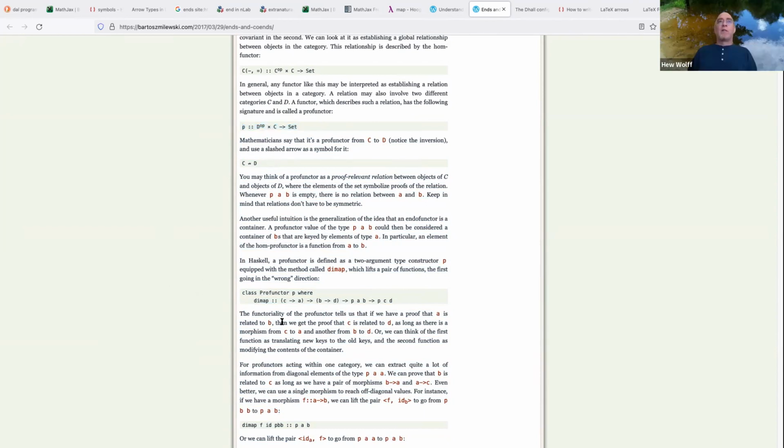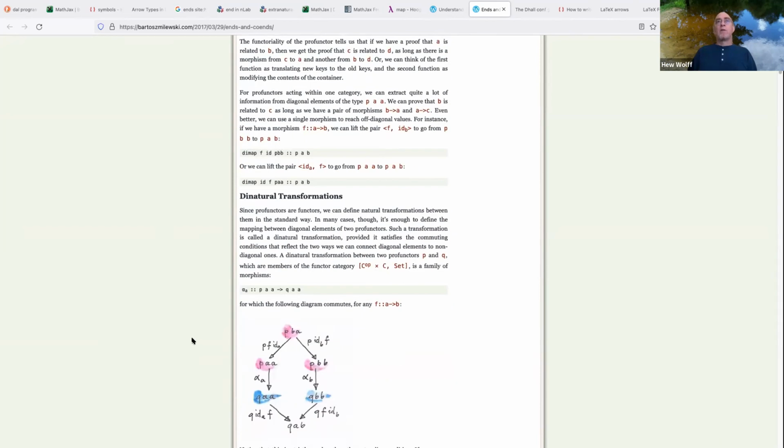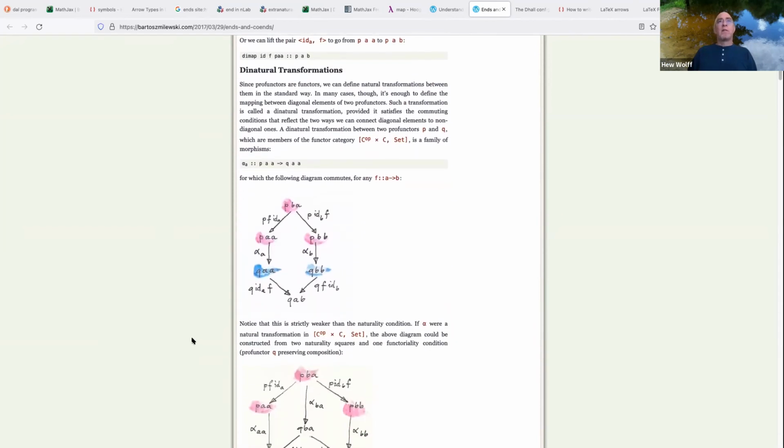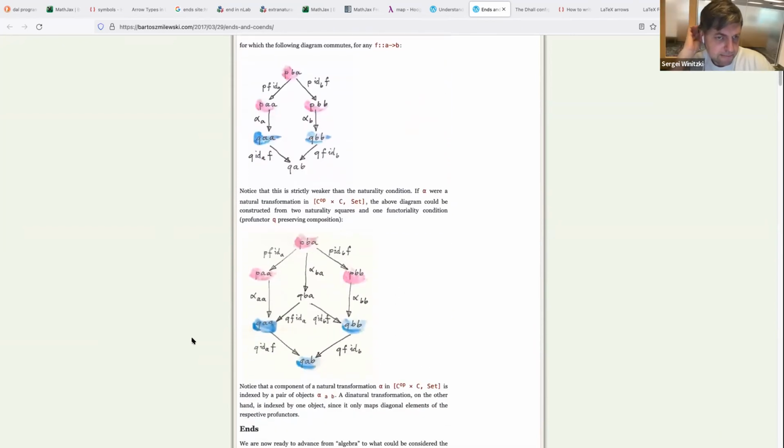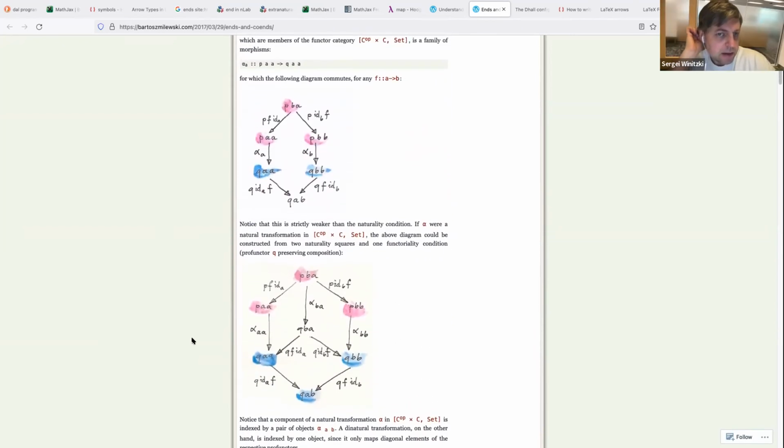So is dinaturality specific to the case where those two categories are the same? I guess it must be, because you have just one function f, which is an arrow in just one category. So if you have two different categories, you cannot use this, because the same function f is used to go to the left and go to the right. Yeah. Okay.